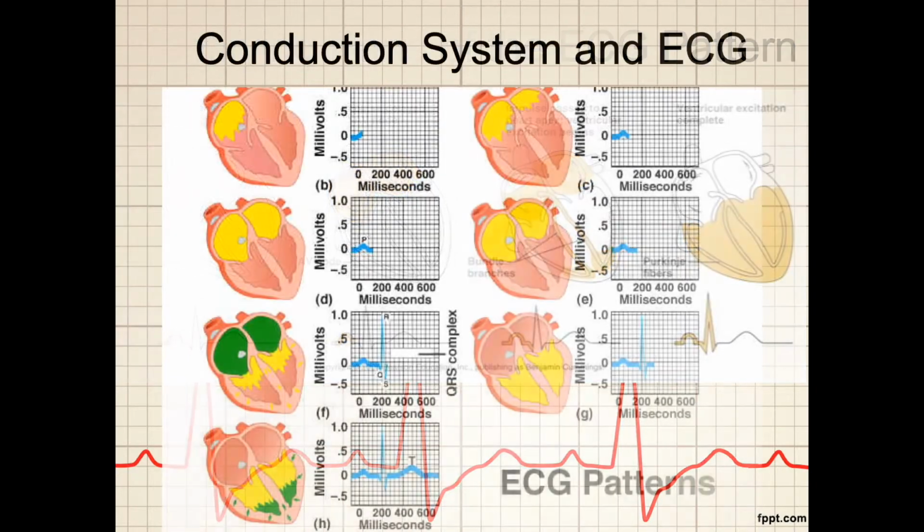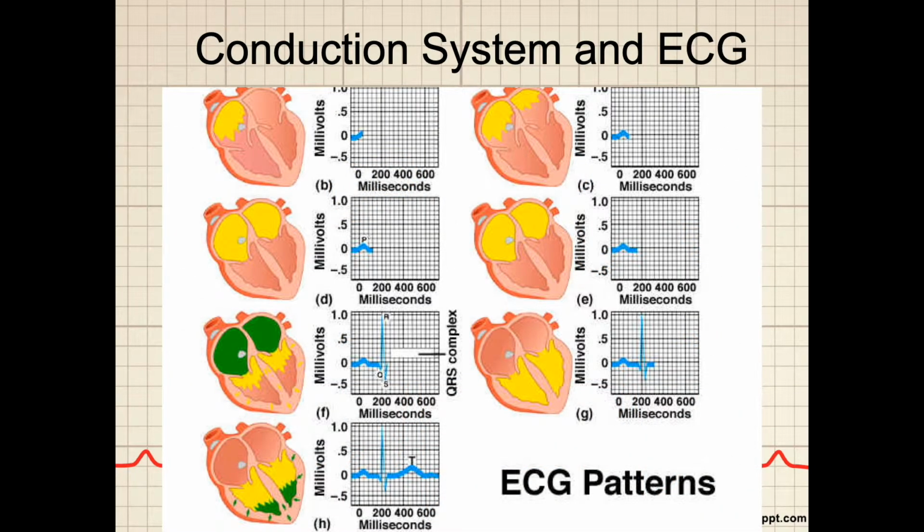So here's another view of that exact same mechanism. Here we see as the P wave begins, the SA node has fired and energy is traveling down the pathways and in through the atria. As the impulse completely permeates the entire atria, we see the P wave is complete. Then, this is the beginning of the depolarization of the ventricles.